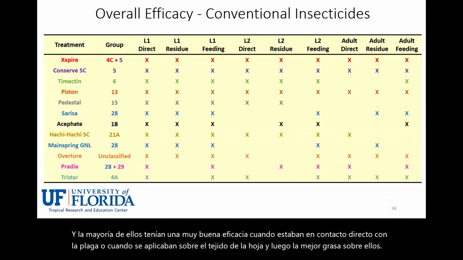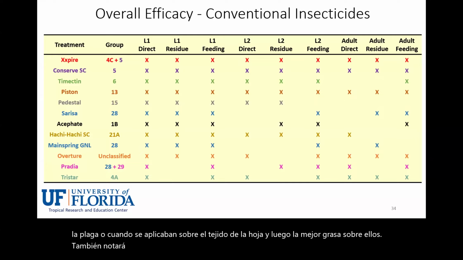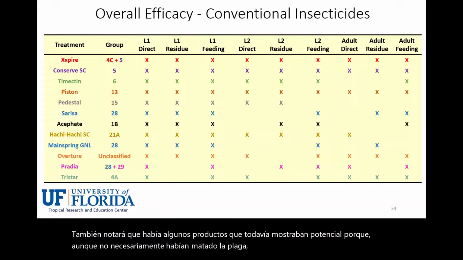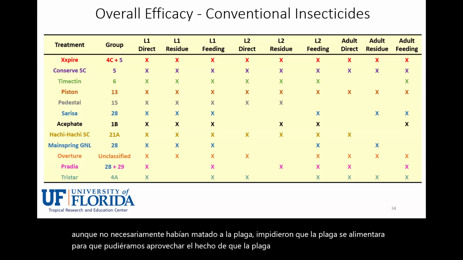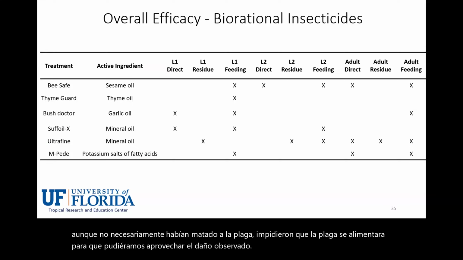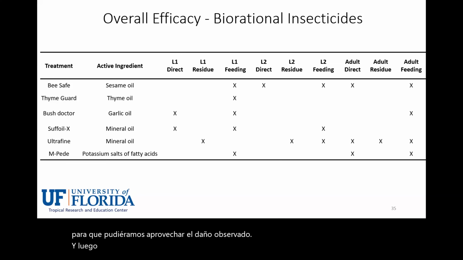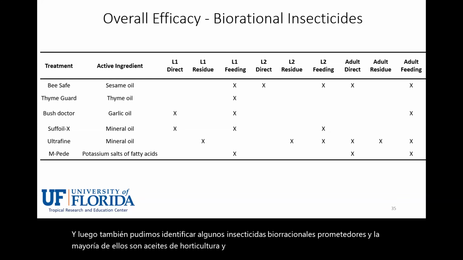You will also notice that there were some products that were still showing potential because although they might not necessarily have killed the pest, they stopped the pest from feeding. So we could observe that damage ceased. And we were also able to identify some promising biorational insecticides, and most of them are horticultural oils, and then there is a soap.